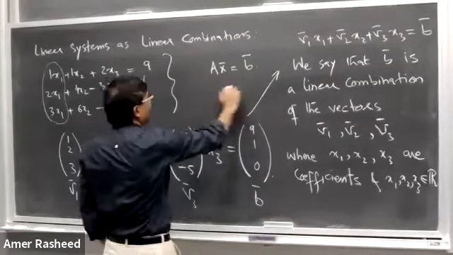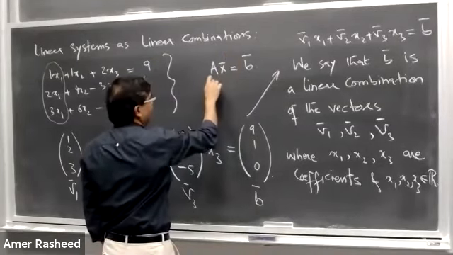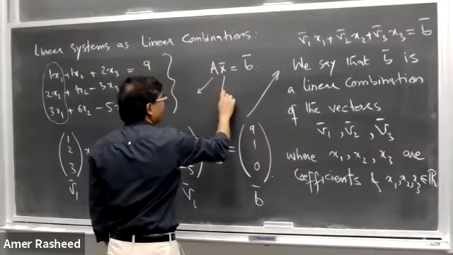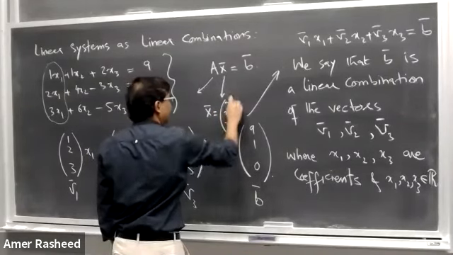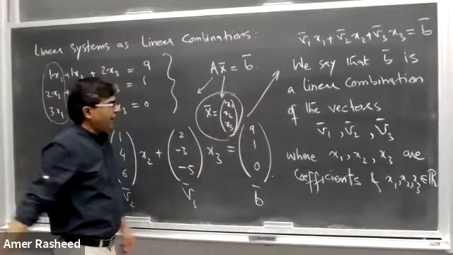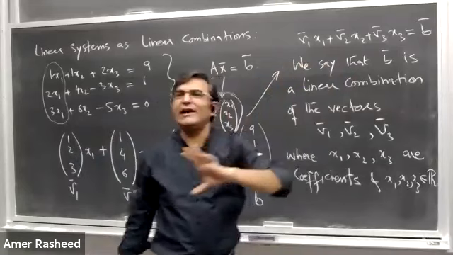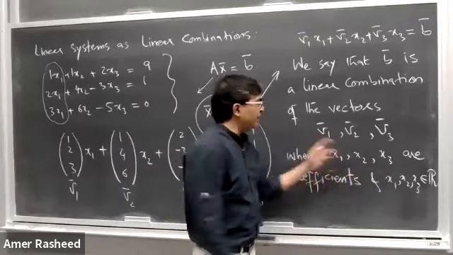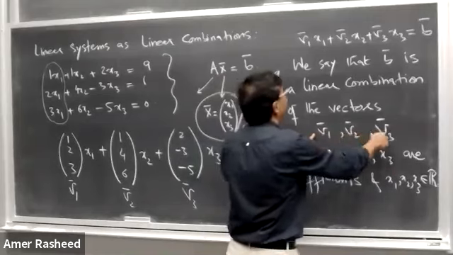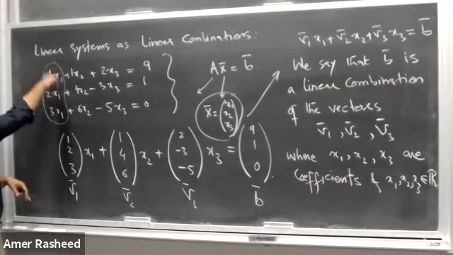In this case, when we had written this linear system in matrix form, A was a coefficient matrix, X was a vector. X was x1, x2, and x3. Now, in this linear combination, x1, x2, x3 are no more vectors. They are components of that vector. They are individually real numbers. Now the vectors are v1, v2, v3, which are basically the coefficients of x1, x2, x3 in this linear system.